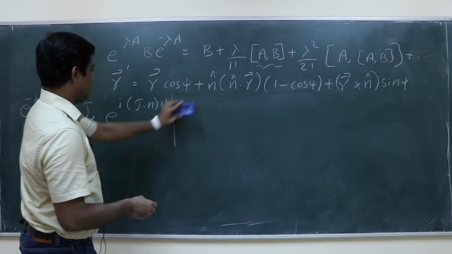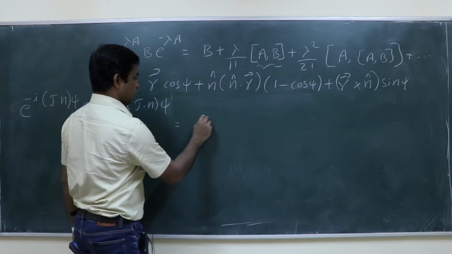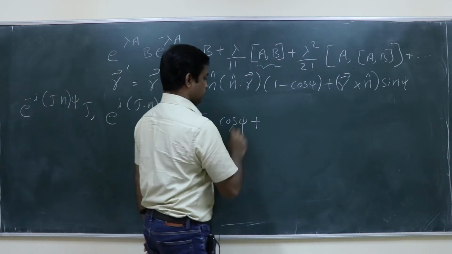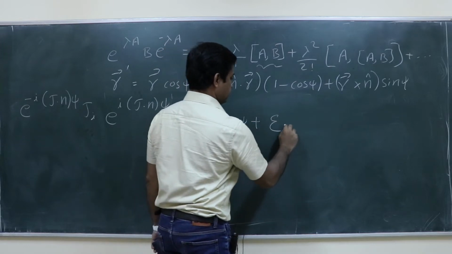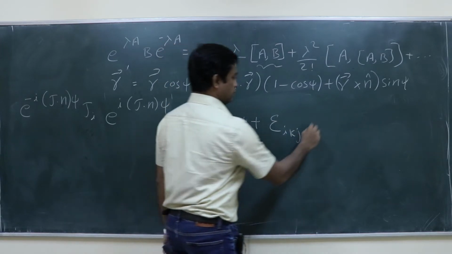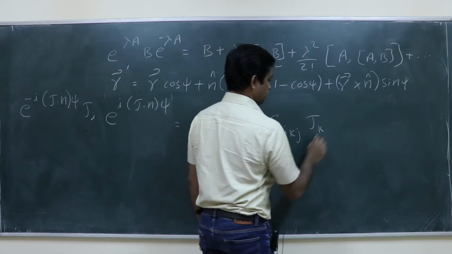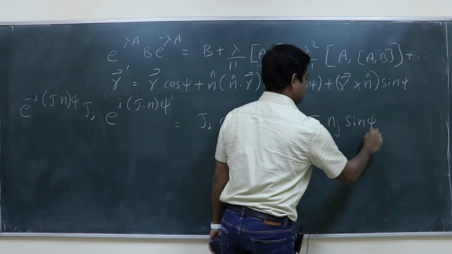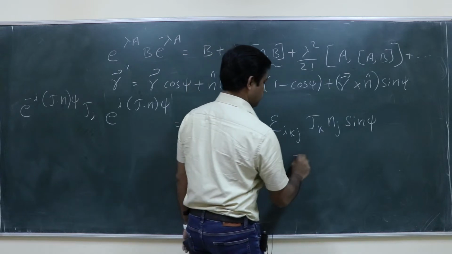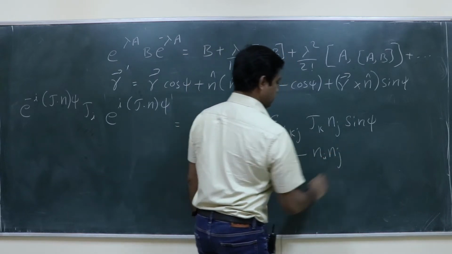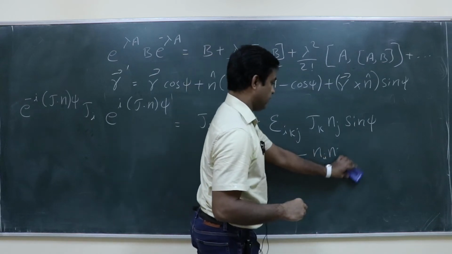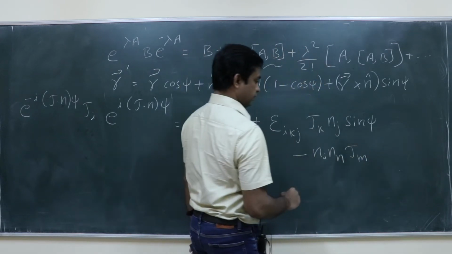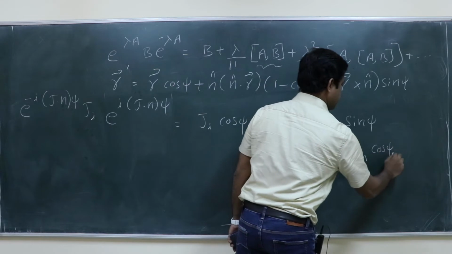The final answer would be j_i cos psi plus epsilon ikj j_k n_j sin psi, minus n_i n_m j_m, sorry, n_m. If n_m j_m, then cos psi minus 1.